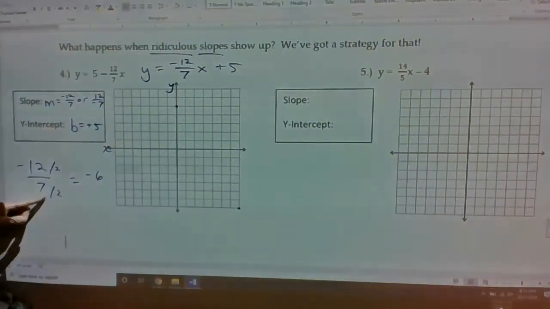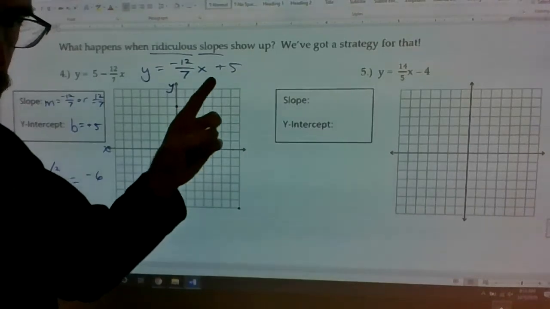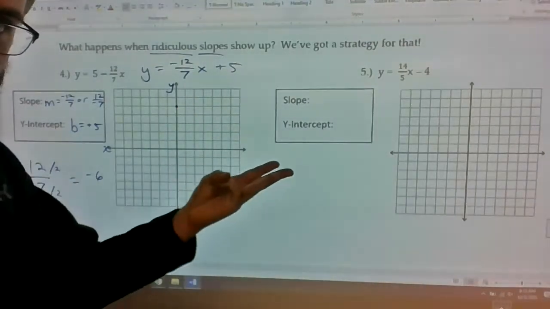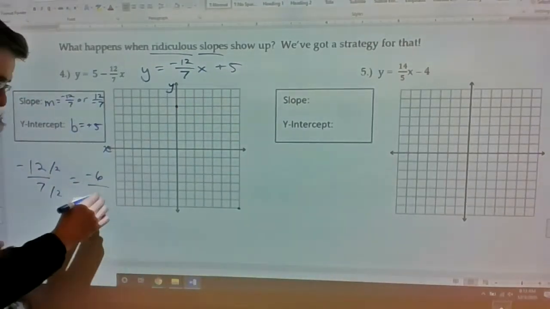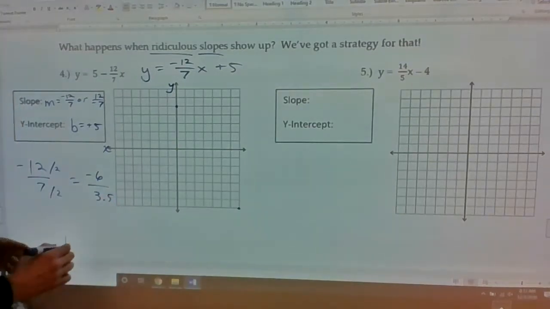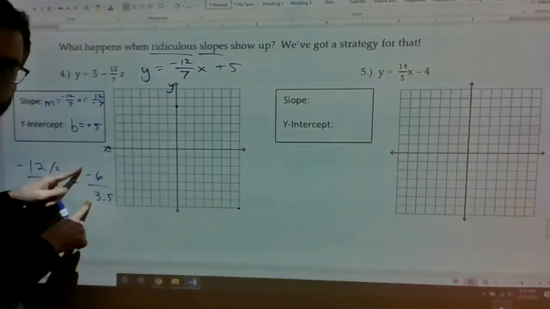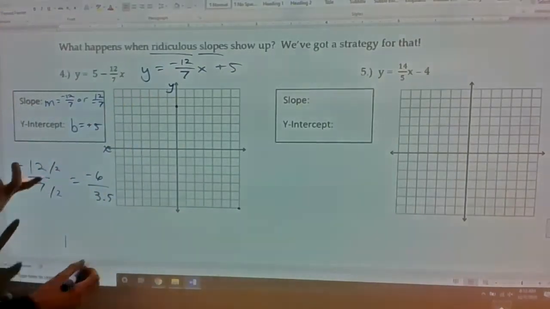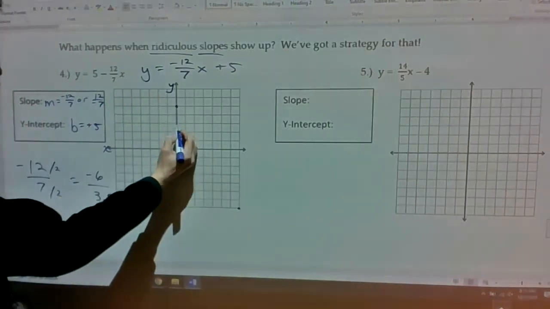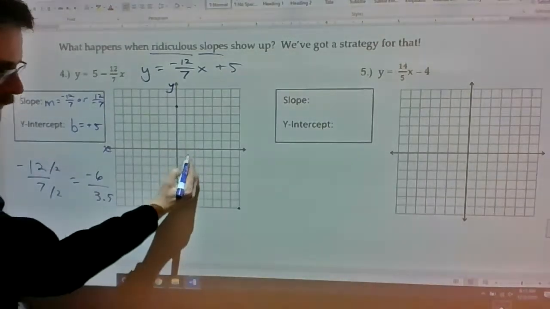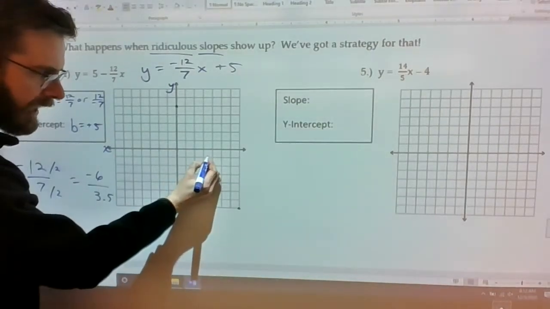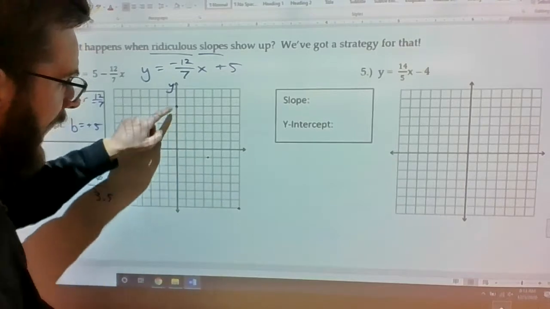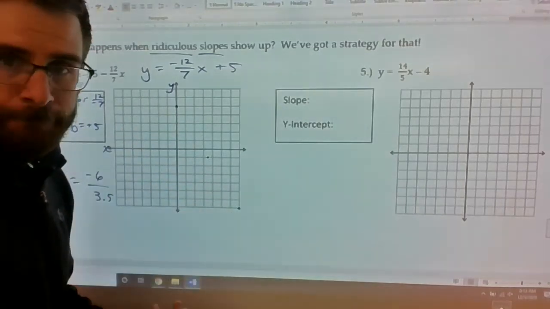If I cut the bottom in half, 2 goes into 7, 2, 4, 6 times, and then there's a half left over. It's 3.5. You can use that rate of change that more adequately fits the dimensions of this grid space. So from here, I could have gone down 1, 2, 3, 4, 5, 6, right 1, 2, 3, and then go half a unit. And that point should accurately fit on that line right there.